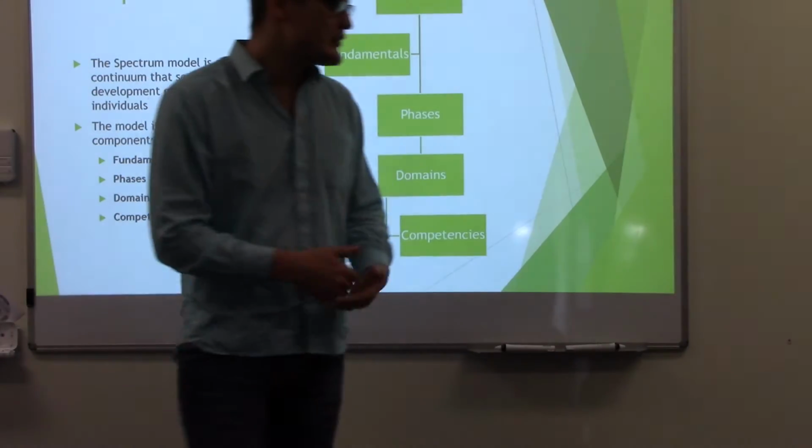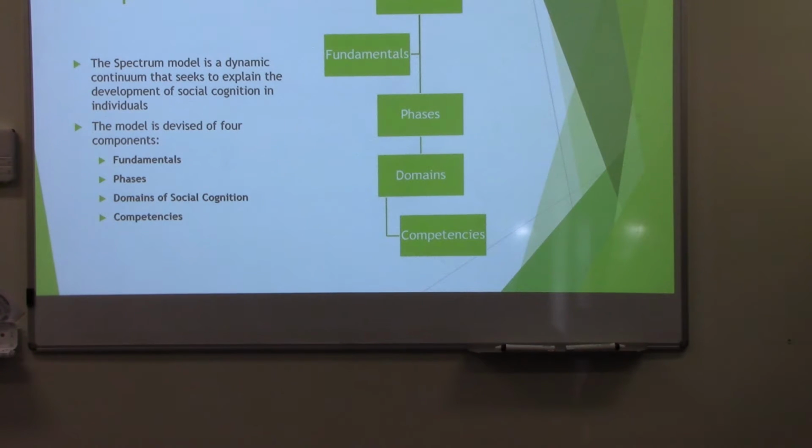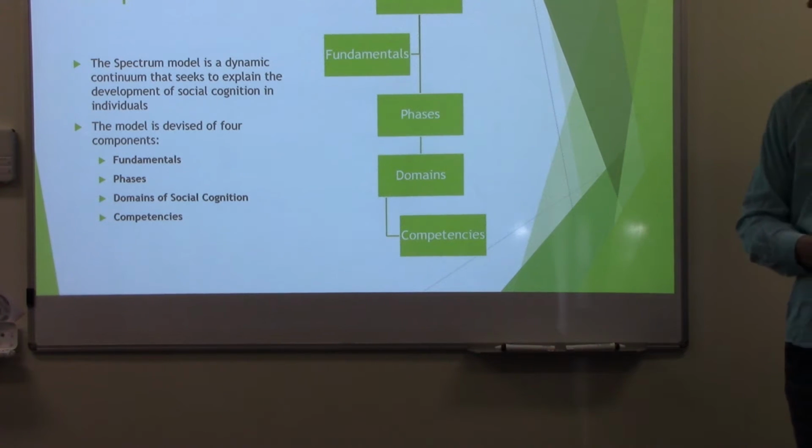Okay, so the spectrum in itself is basically a model. It's dynamic and on a continuum, and it seeks to explain the development of social cognition in individuals. The model is made up of 4 components: fundamentals, phases, domains of social cognition, and competencies.